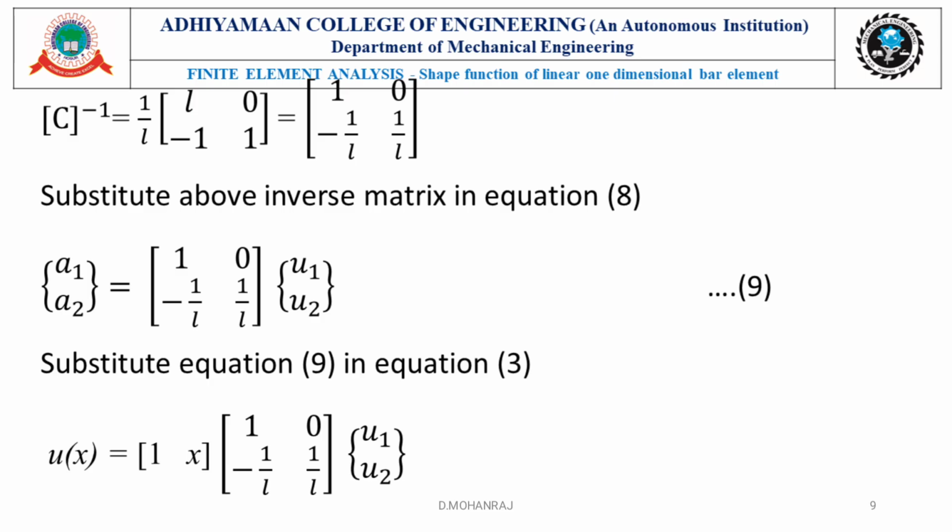So in place of a1 a2 we are going to write [1 0; minus 1 by L, 1 by L] into [u1 u2]. Now we need to multiply these 3 matrices, that is 1 cross 2 multiplied by 2 cross 2 multiplied by 2 cross 1. So the final size will be 1 cross 2.